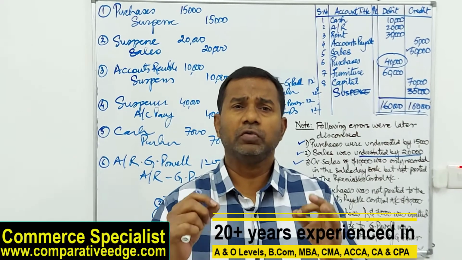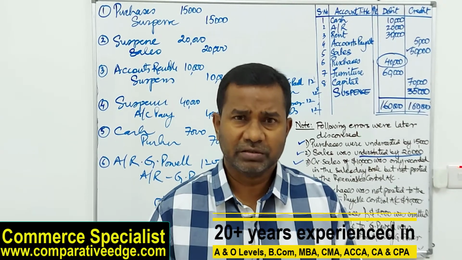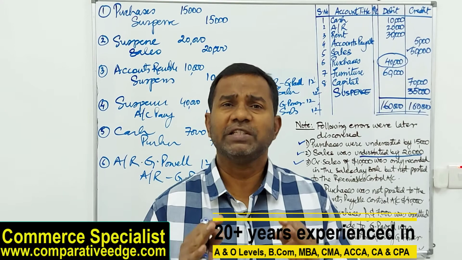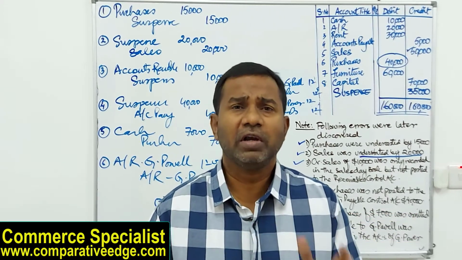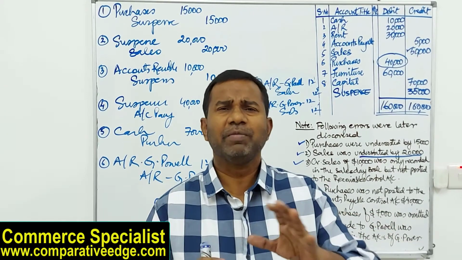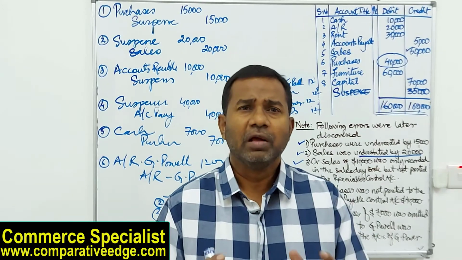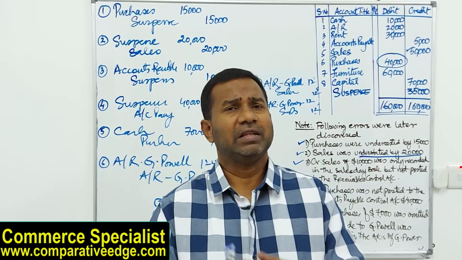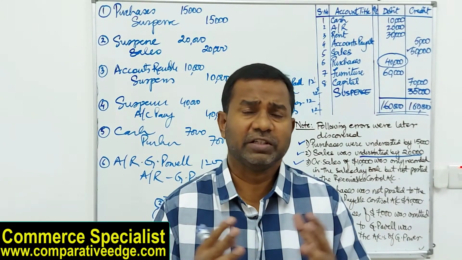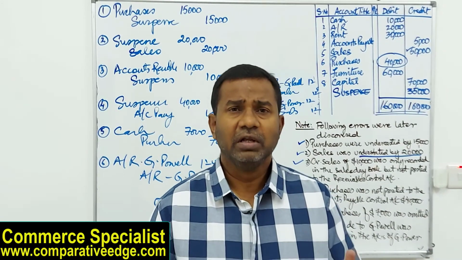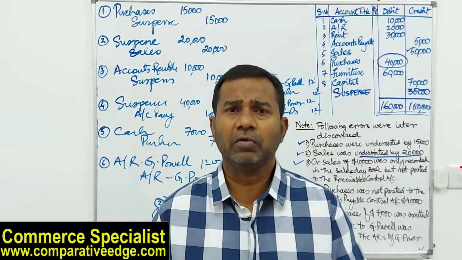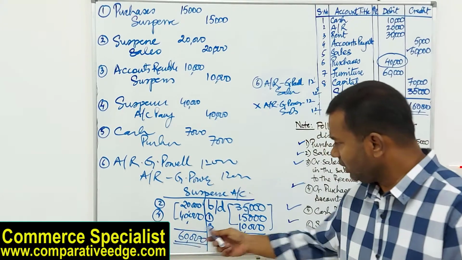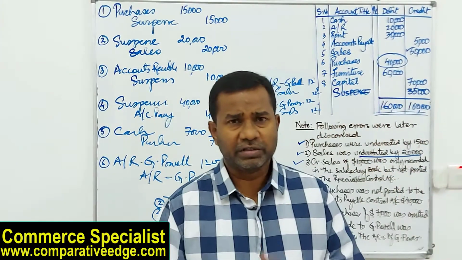Accountants have to try their level best to get rid of this suspense balance, no matter how small it is. If it is very small, that becomes immaterial, but still, we have to make sure that the suspense account doesn't remain a suspense forever. We have to get rid of the suspense account and bring it to zero balance, no carry down, brought down. This is how it is done.